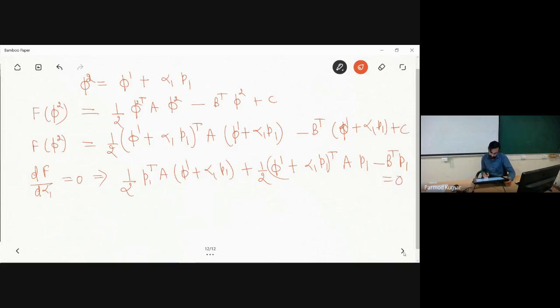From here, you can see P1 T A and alpha P1 are coming in both.